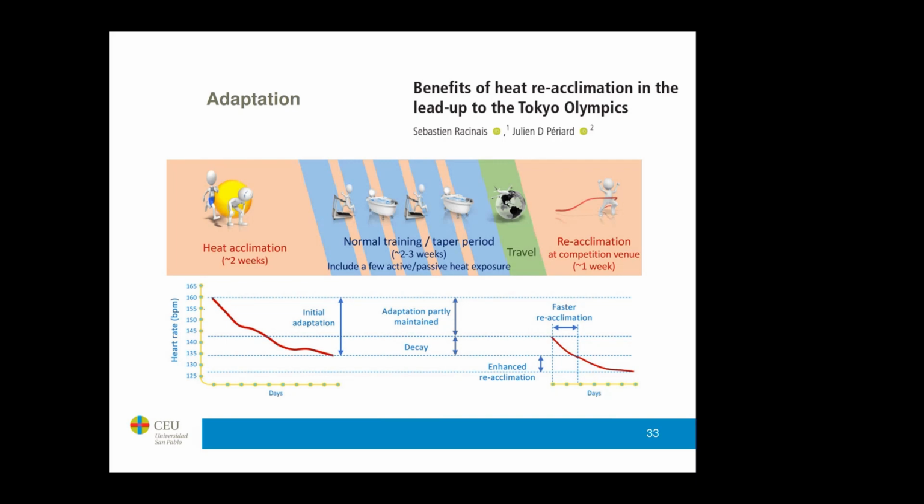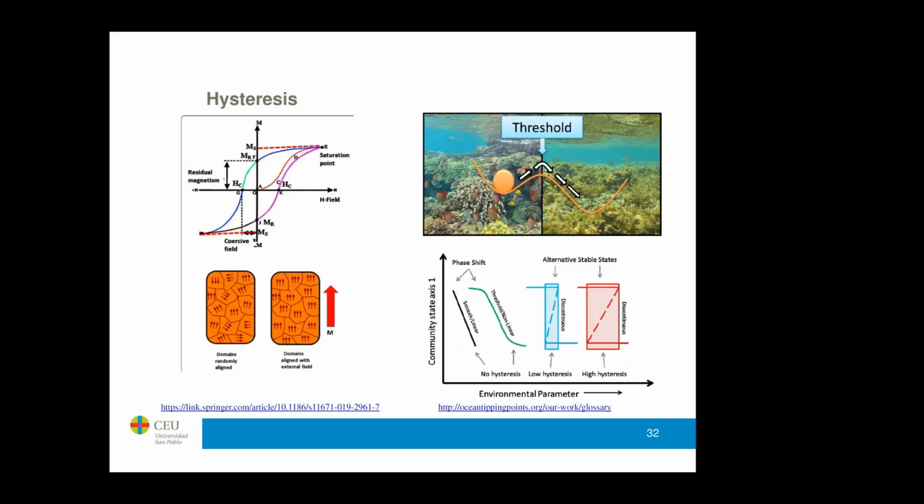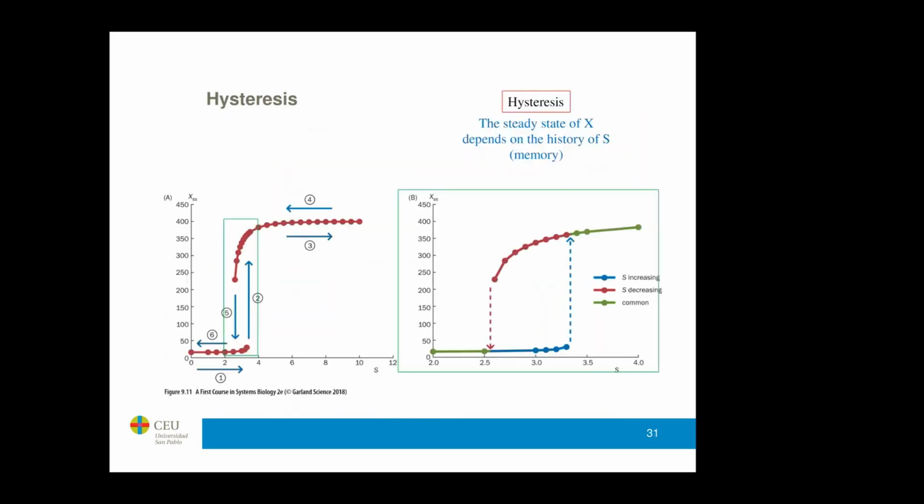So you have a couple of weeks of heat acclimation, and that's some way to get used to these high temperatures, and then you can compete. And what you are changing is what are the stable levels in these concentrations that you are happy with. So which are the response? So you are changing this one. You are changing which are your states that are stable.